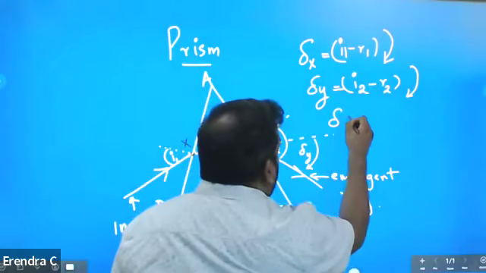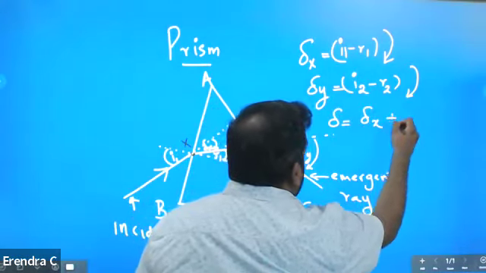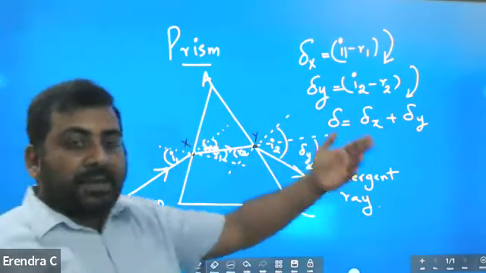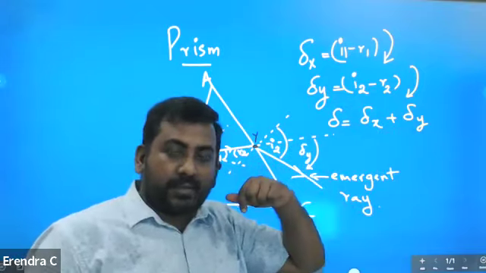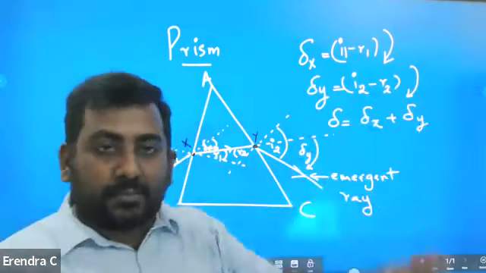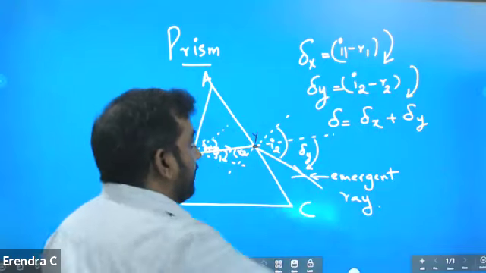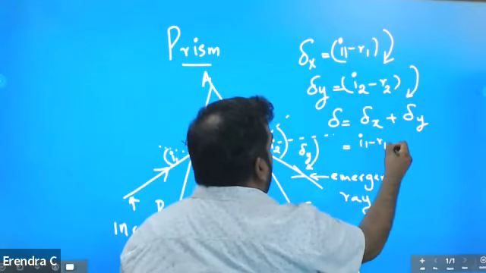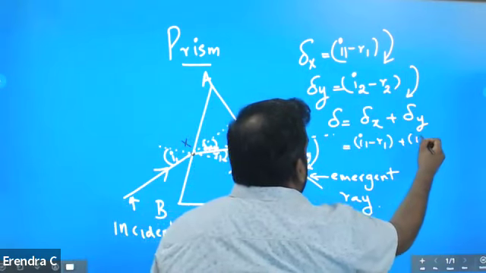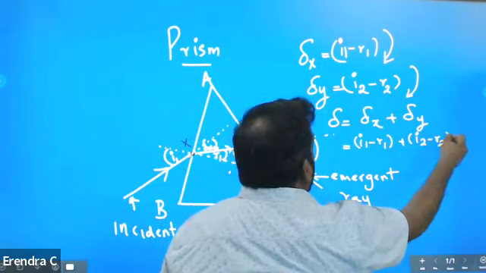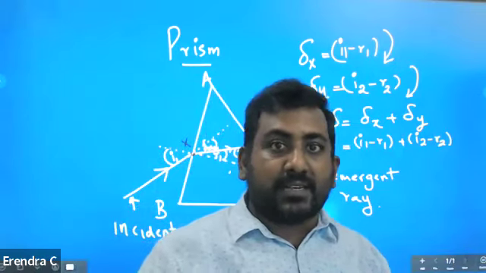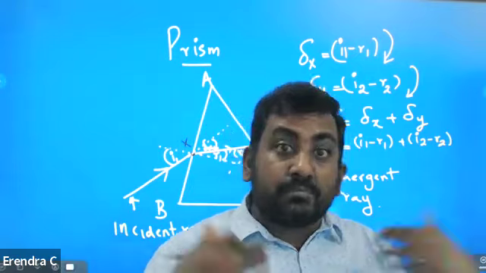Now the total deviation is the sum of the deviations at X and Y. If there are three places, X, Y, and Z, or four places, P, Q, whatever, you add them all. Here both are in the clockwise direction, so you can easily add them: I1 minus R1 plus I2 minus R2. If one was anti-clockwise, you have to bring everything to the same direction, so anti-clockwise becomes minus clockwise.